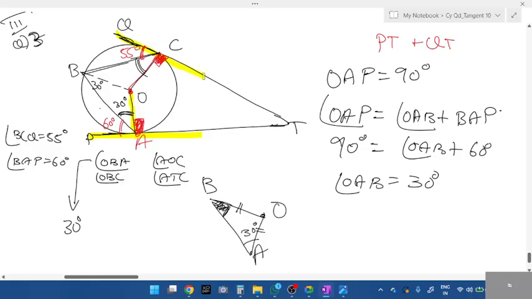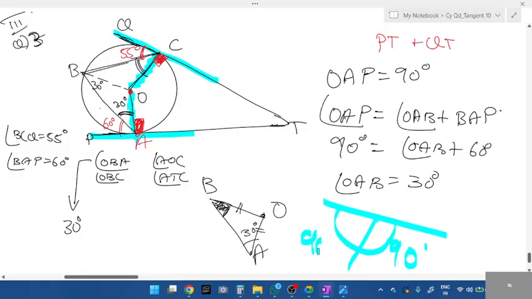Even here, straight angle. You place a protractor: 90 degrees, 90 degrees.